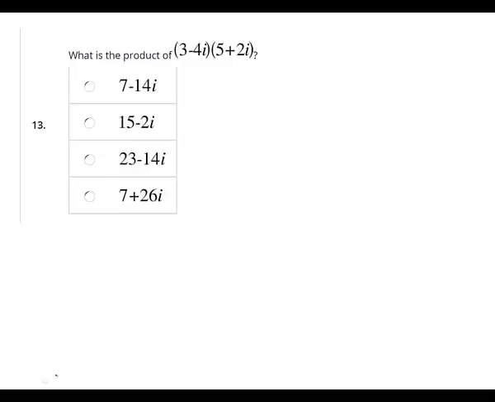What is the product? So we have to do what on this one? Not just multiply. Not just distribute. We have to FOIL, right? It is distributing. It's just got a special name. It's FOILing. So what is 3 times 5? 15. 3 times 2i. 6i. Good. Negative 4i times 5.